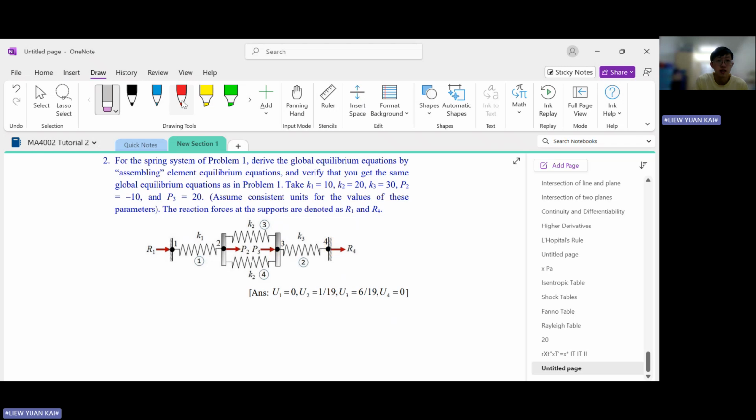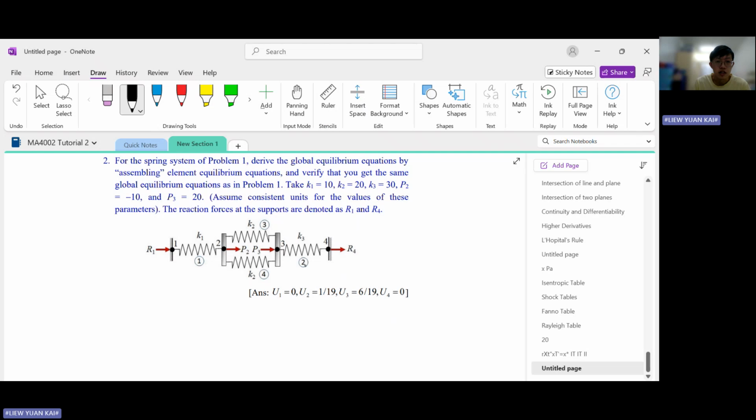The elements are simply the structures or devices between the nodes. So for example, spring 1 is the first element, spring 2 is the second element, spring 3 is another element, and spring 4 is another element. Normally they don't, so you have to do it yourself.